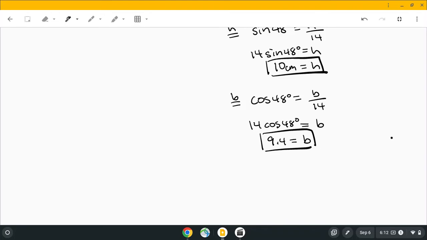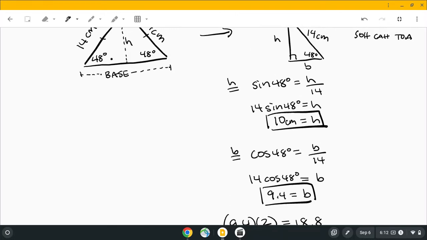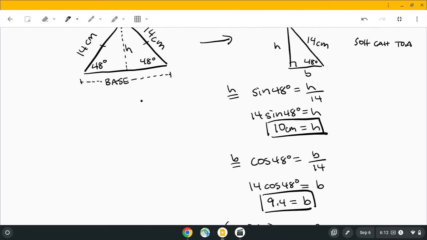So if we take 9.4 and double it, so multiply it by 2, then we get 18.8. Do we need all of the 18.8? No, because our sides should only be two significant digits. There's 2 there. There's 2 here. And this one, it's the same as 14 on the other side. It's also 2.